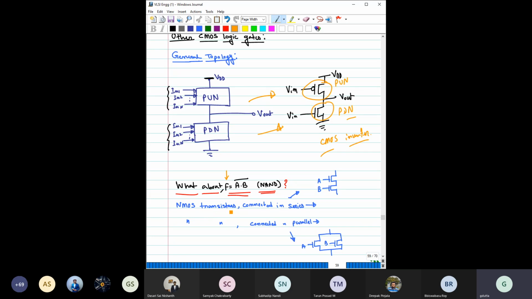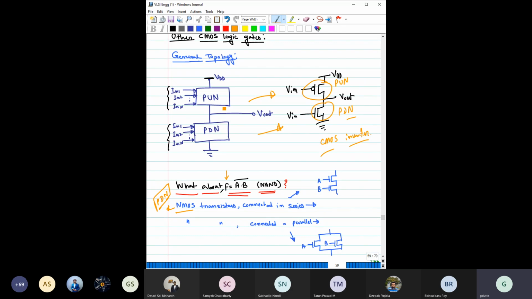So for NMOS, when these two NMOS are connected in series, we have also discussed that an NMOS has to be used as a pull-down network only. I think this discussion should be in your mind. PMOS cannot be used as a pull-down network, because if you use PMOS as a pull-down network, the minimum output will be limited by the threshold voltage of this PMOS.